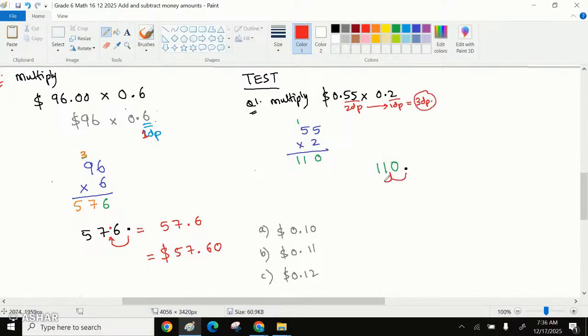We move 1 place, 2 places, and the third place. The decimal moves 3 digits to the left side. That means our answer comes out to be 0.11. Oh, sorry, 0.10. No, let's see. 110, 111. No. Okay.